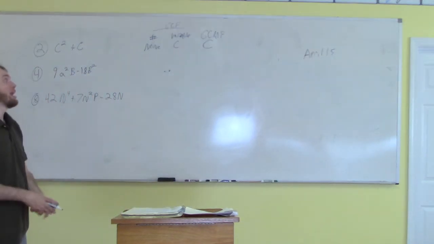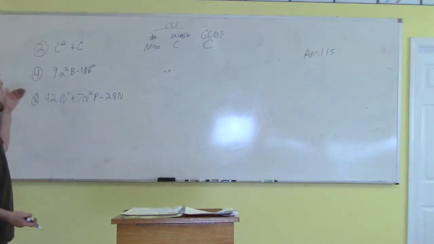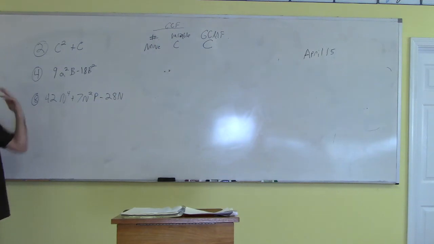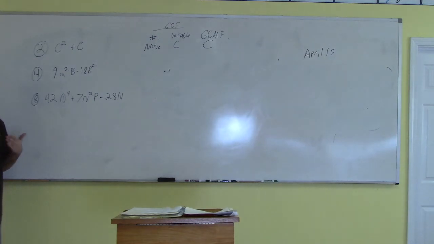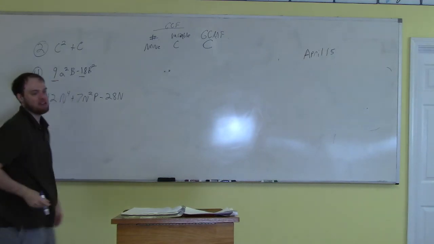Okay? Now, as we work a few of them, you'll get the hang of it. So number 4 works the same way. I'm going to ask the question, in this one right here, what number goes into both of them? What is the highest number I can get that would go into each of these? If you notice, you have 9 here and a negative 18 right there.